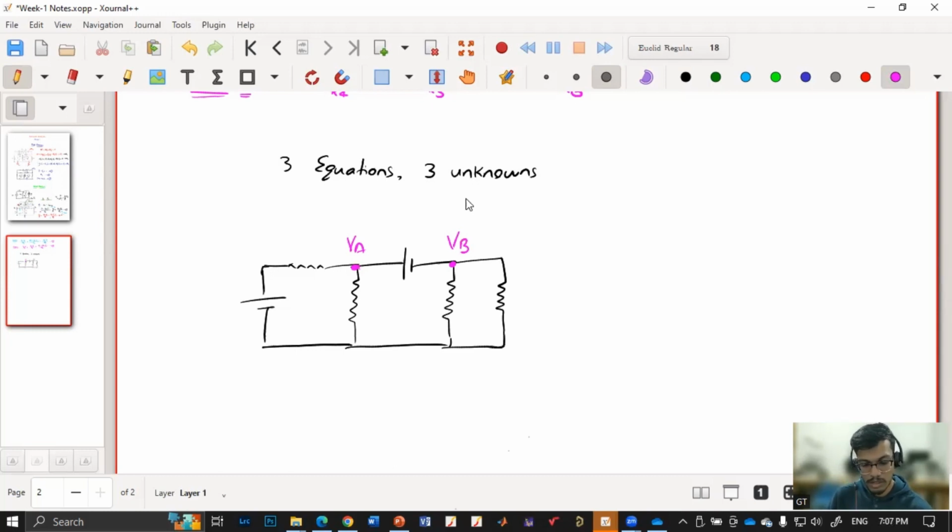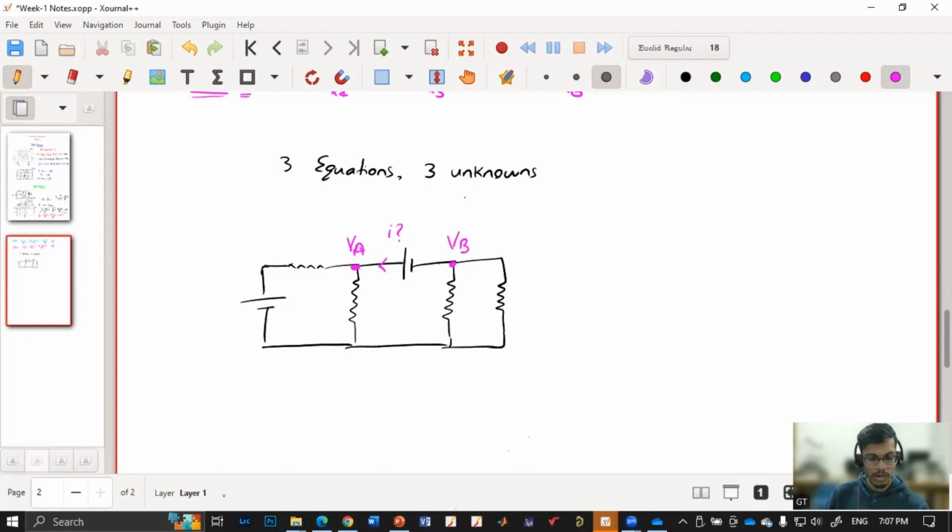But the issue here is, how will I know the current in this branch? I will not know, right? Do you agree? Yes. So in such cases, from a mathematical perspective, in this network I have 2 unknowns. So using KCL or KVL or some of them, I need to get 2 equations so that I can solve those 2 equations to get 2 unknowns.